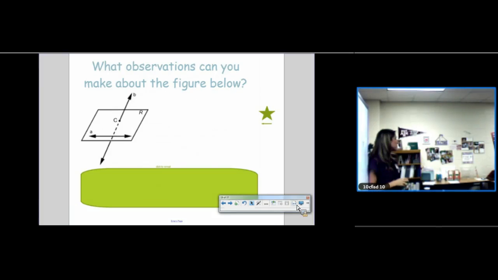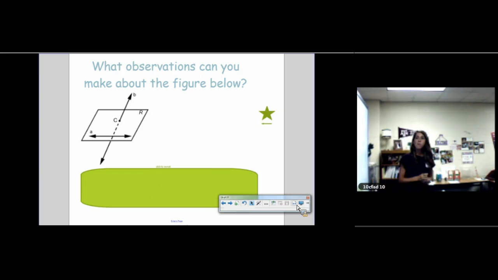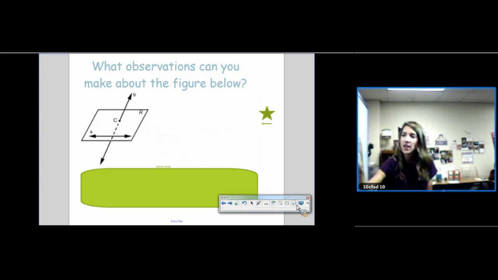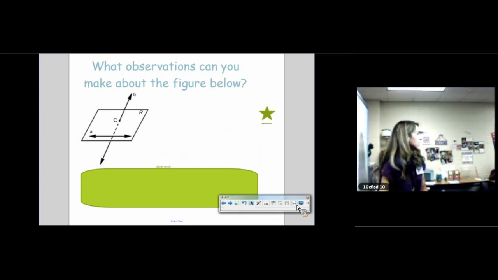This is different from algebra, isn't it? What is line B doing? See line B? Are you looking at the figure? Why do you think there's a dotted line right here? Why did the line go from straight to dotted?